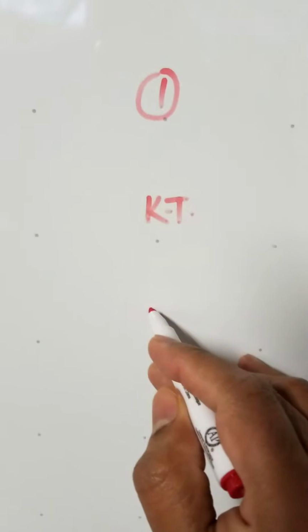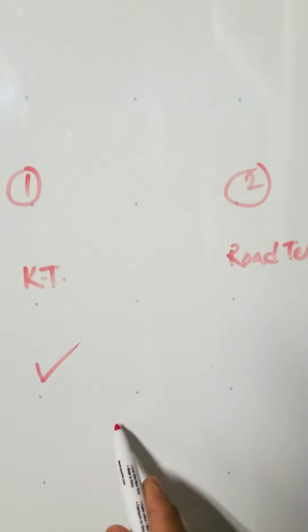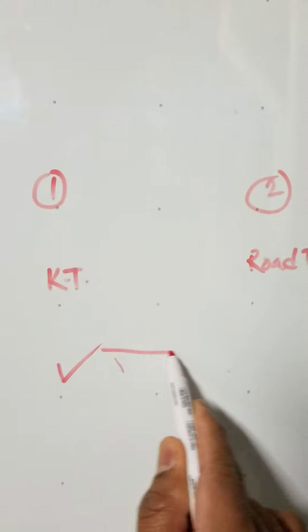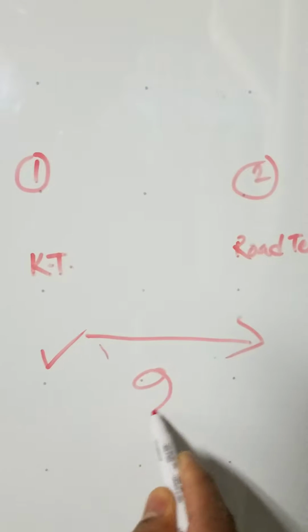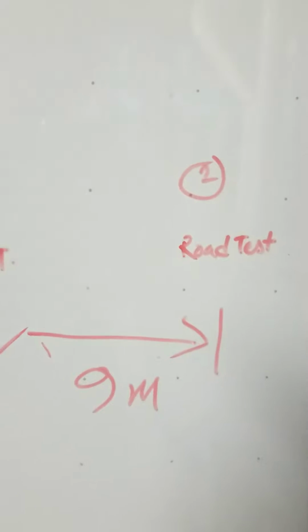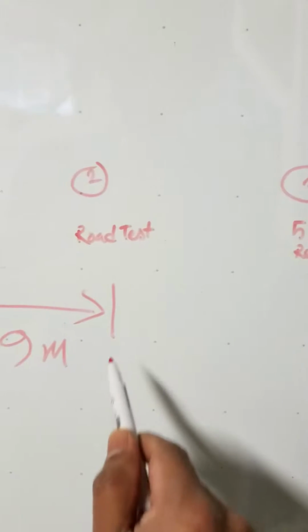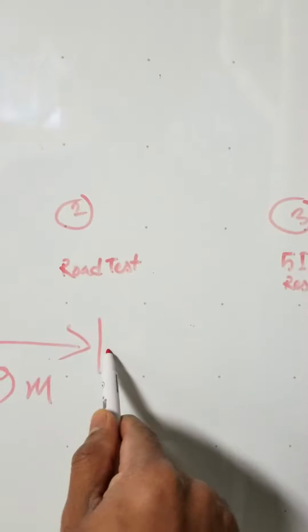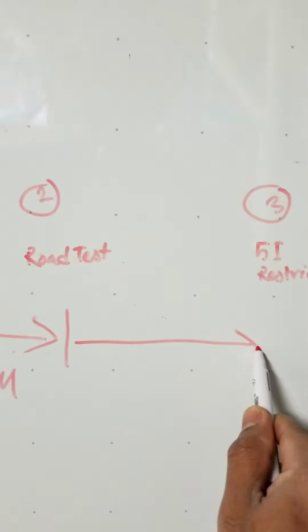Once you are successful in the knowledge test, then you drive with a supervising driver for 9 months, and then you can sit for the road test. Then if you successfully pass the road test, you progress to 5I.